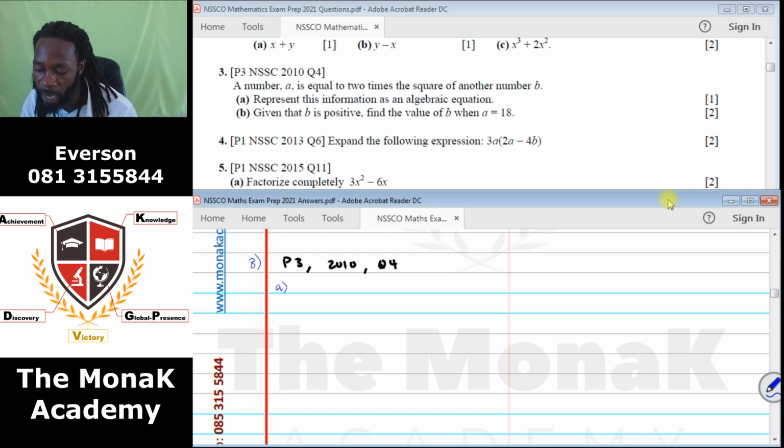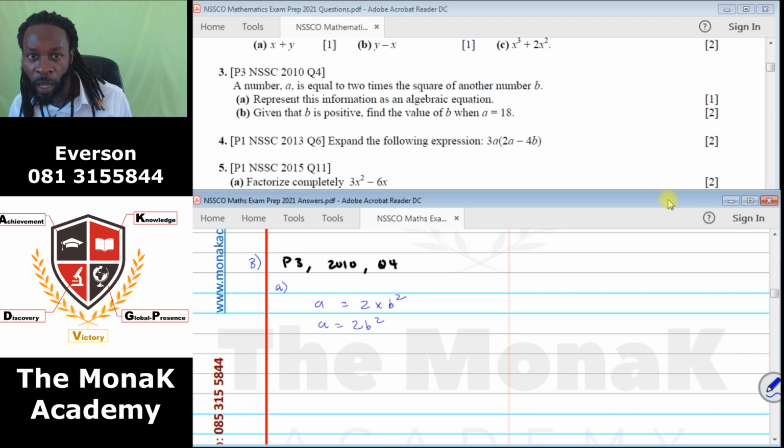So it's English, guys. A number A equals 2 times the square of another number B. So it's B squared. So simplified, it's A equals 2B squared. A number is 2 times the square of another number. That's it.